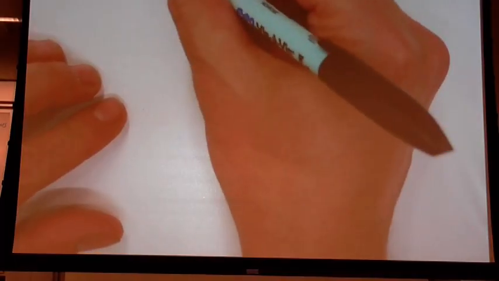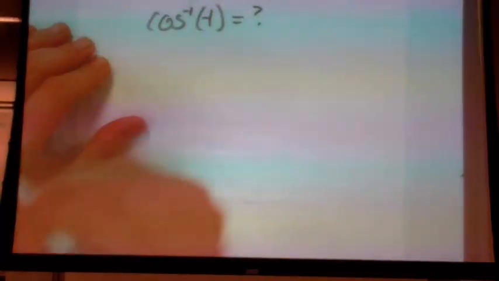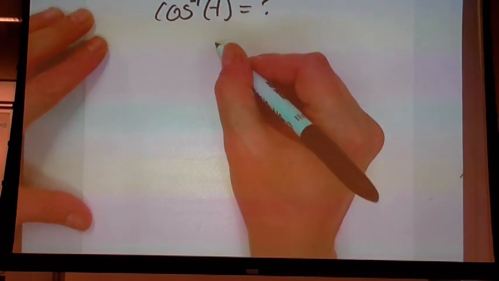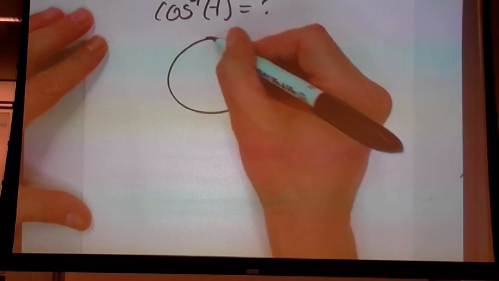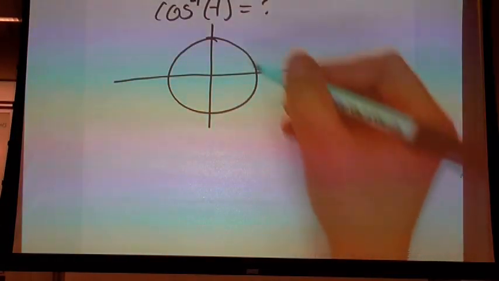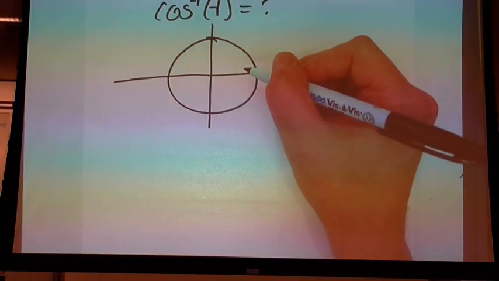The second one. Cosine inverse of minus 1 equals what? So, we take a look here. Where is the cosine negative?